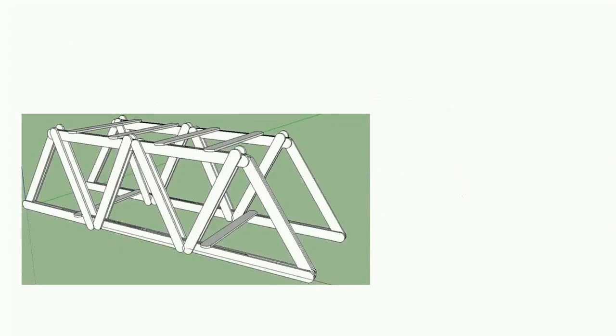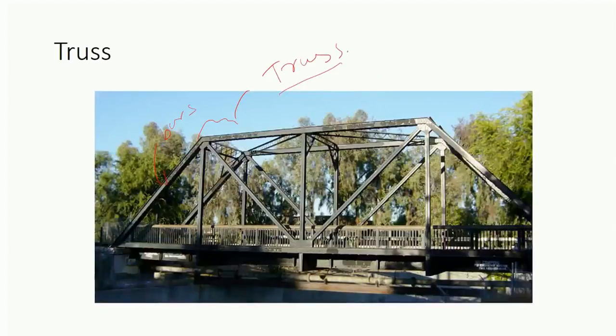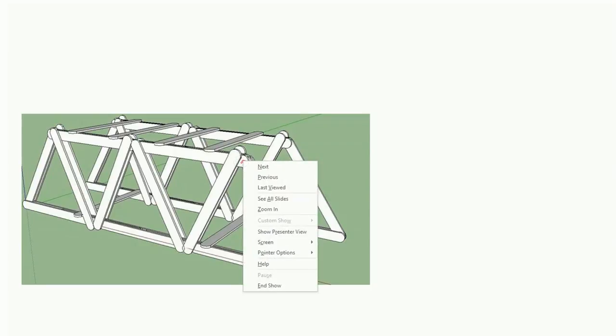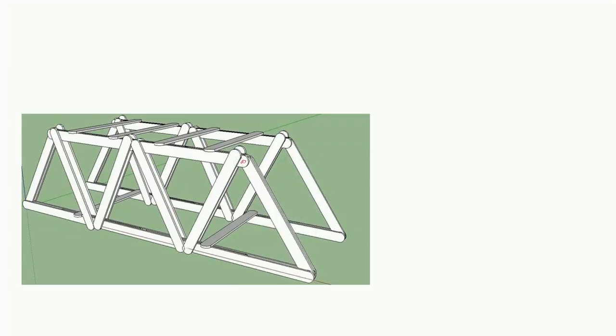This truss is formed by joining the bars with the help of pins. So here you can observe that various bars are there. In between two bars there will be pins. That pin will join these bars together, and under the loading condition this will transmit the force.